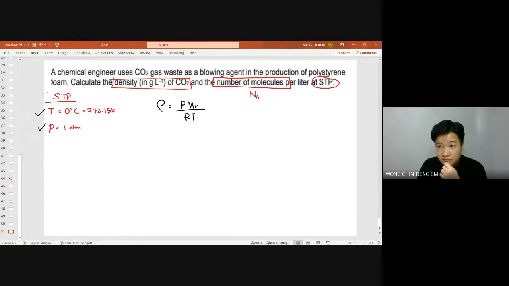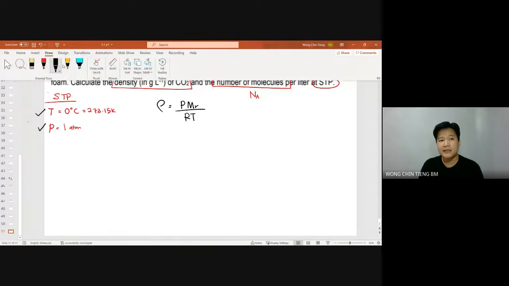Betul? Okay. Alright, we talked about that yesterday. Perlu saya tunjuk lagi macam mana dapat? Tak. Okay. So, that is the density formula.